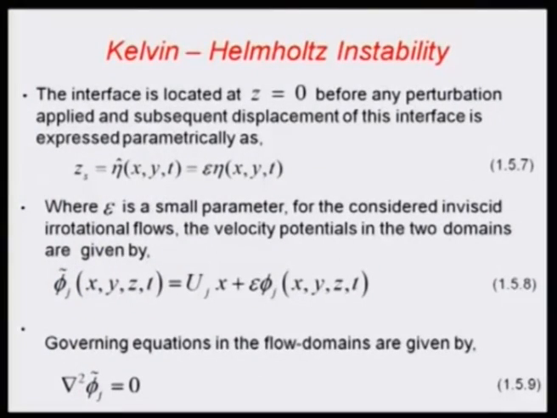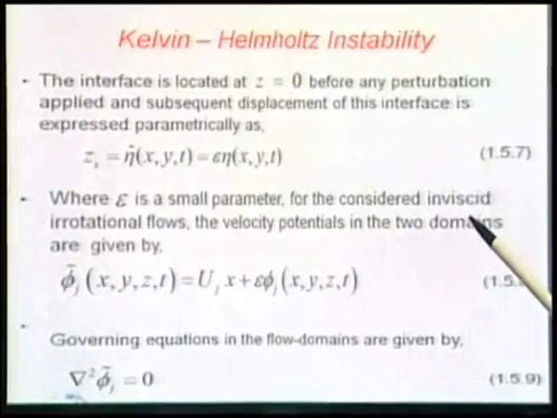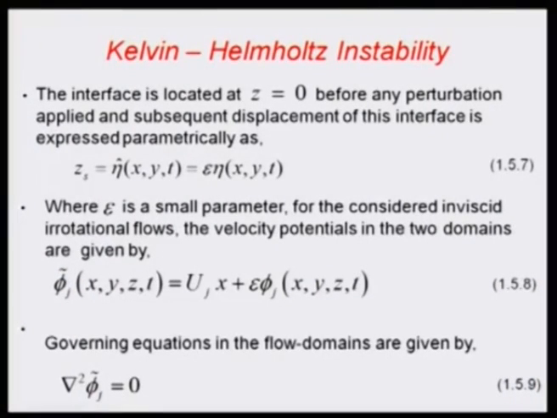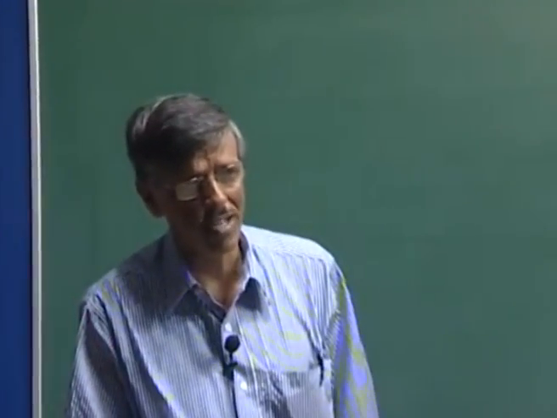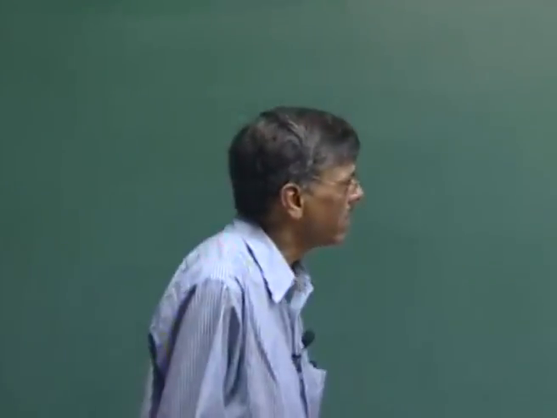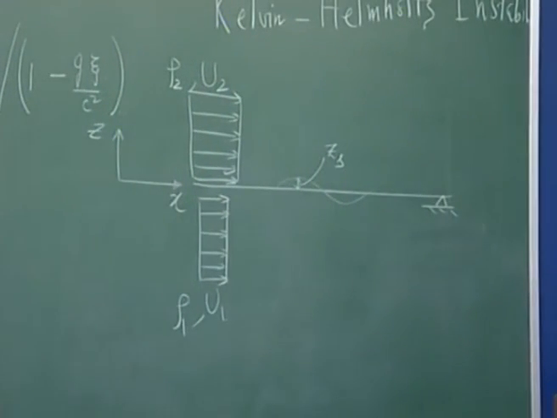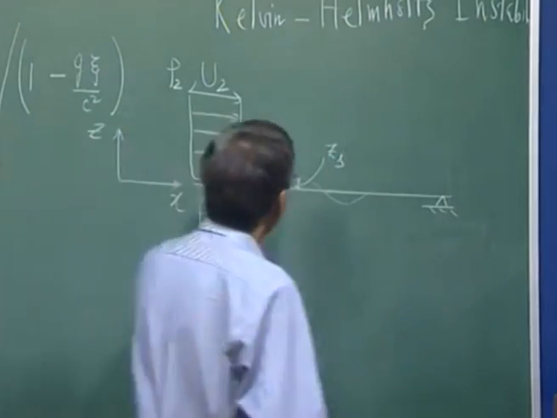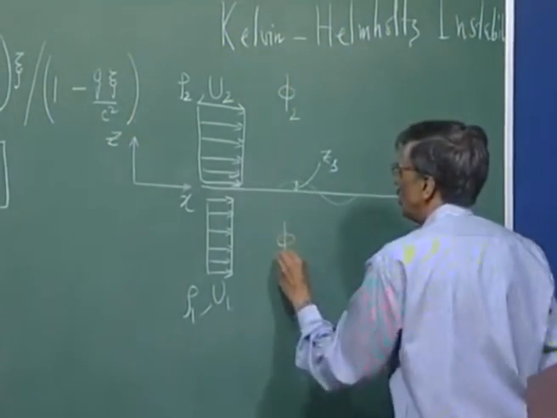We will keep that as a small parameter, and then what is going to happen, that since we are considering inviscid flow, if we also consider it to be irrotational, then we can prescribe a velocity potential phi, and we understand that the velocity potential on top and velocity potential on the bottom will be different. So, on the top let us call that as phi 2, and on bottom we will have phi 1.